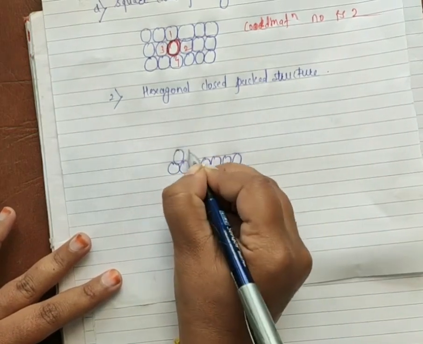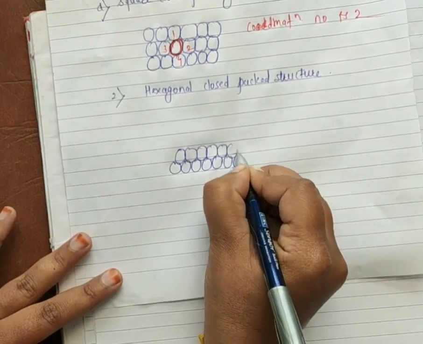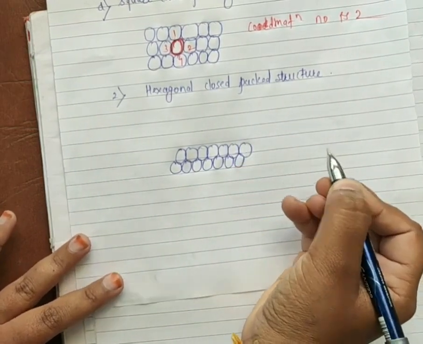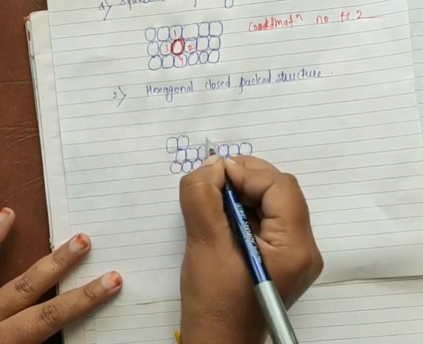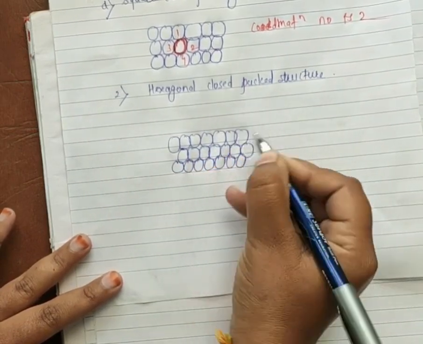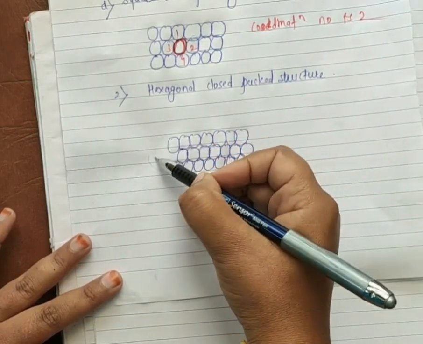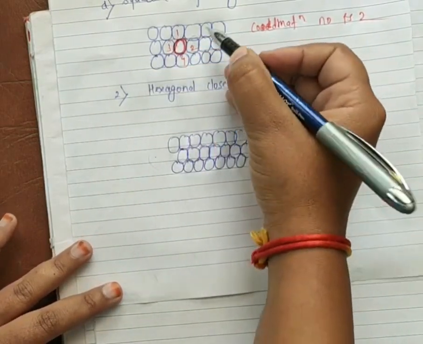Like this, the second row is present above the first row in a staggered manner. For this reason the arrangement is totally different.